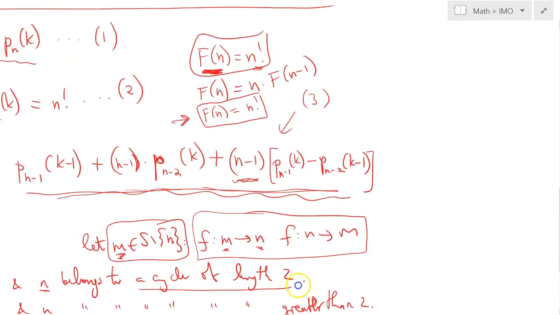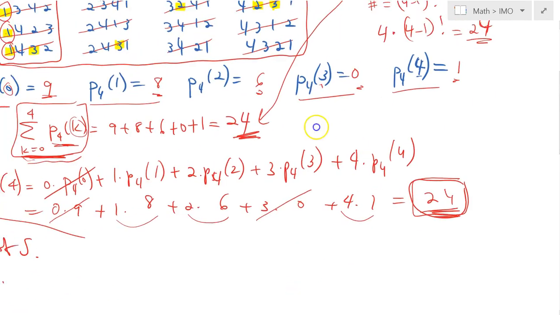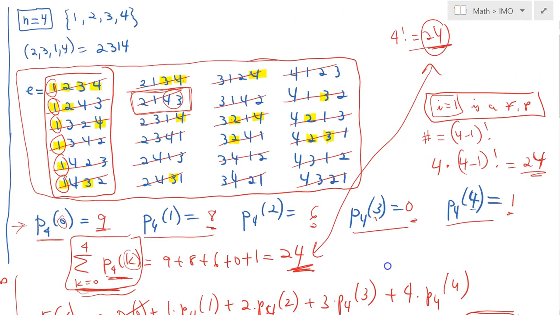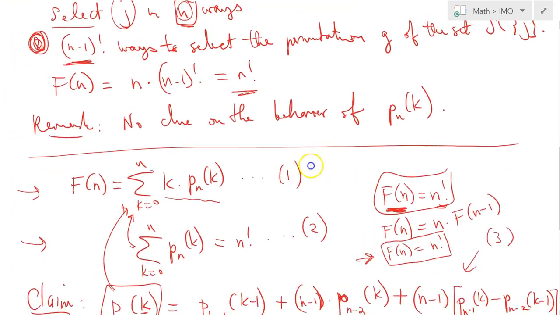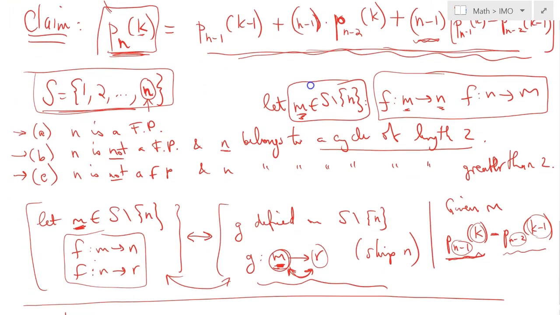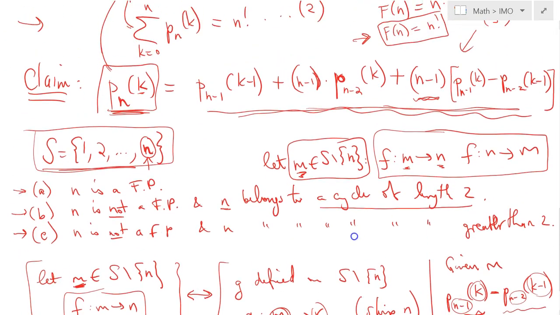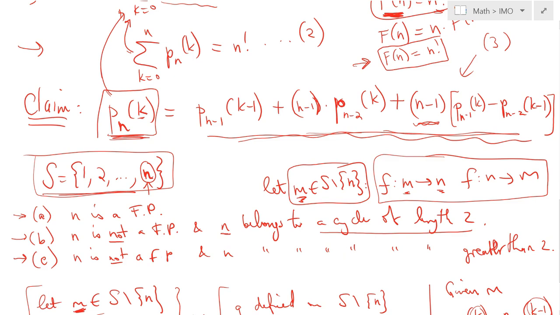For instance, if you go back to the original problem, the case n is equal to 4, what it means here that there is no fixed point is basically counting the number of derangements, right? P sub 4 of 0 would simply be the number of derangements, and what you can do is, using the recursion that we got now, you can easily calculate the number of derangements.